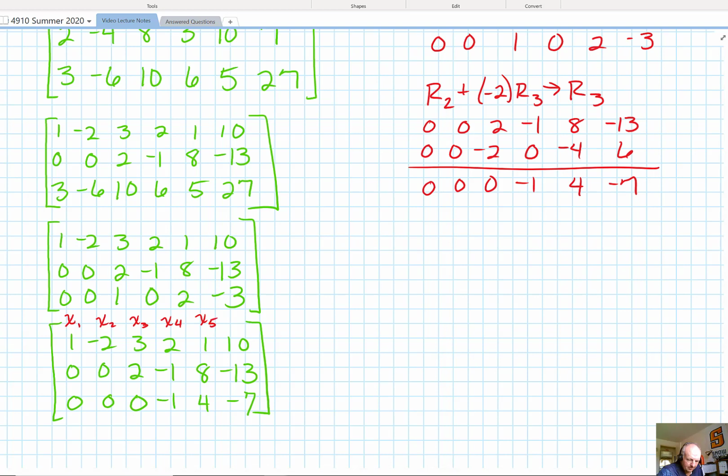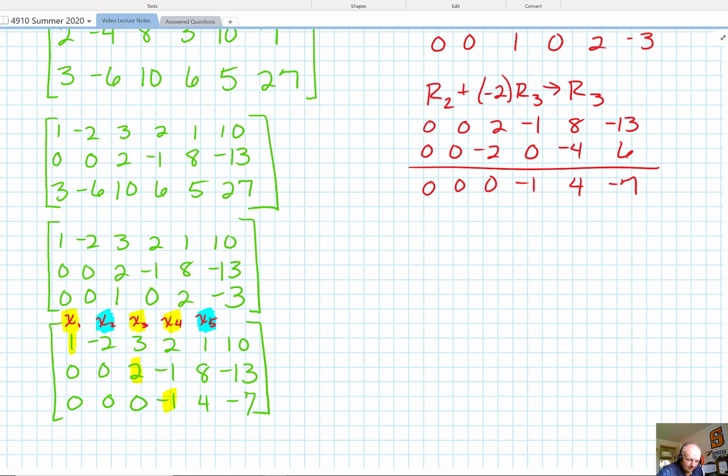There's a leading term in the x sub 1 column, in the x sub 3 column, and in the x sub 4 column. The terms that don't have leading terms are x sub 2 and x sub 5. Those are called free variables.